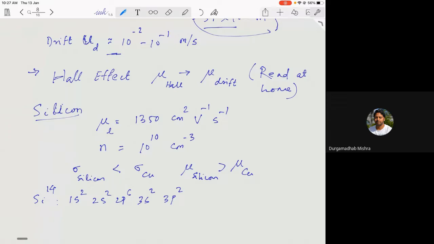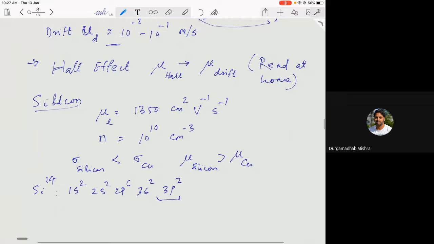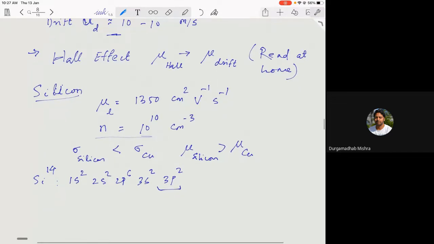And if you say the p orbital will contribute the valence electrons, then I should have 2 electrons from each silicon which will participate in the conductivity. However, that is not the case. What we see is this number density is much smaller. So why is that the case?